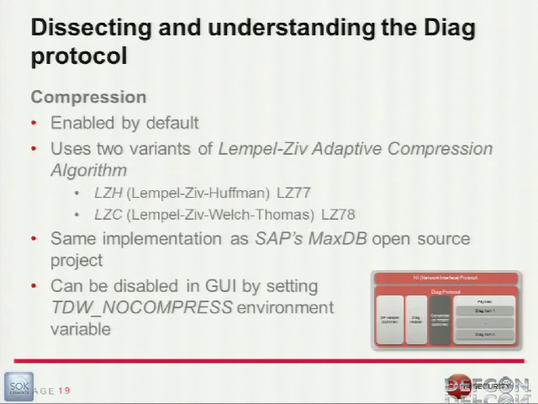So about the compression, well, it's enabled by default. It uses two different variants of the Lempel-Ziv compression algorithm, LZ77 and LZ78, and it's the same implementation as the MaxDB open source products. So this code is available. And one interesting thing is that it can be disabled in the GUI application by setting a special environment value.